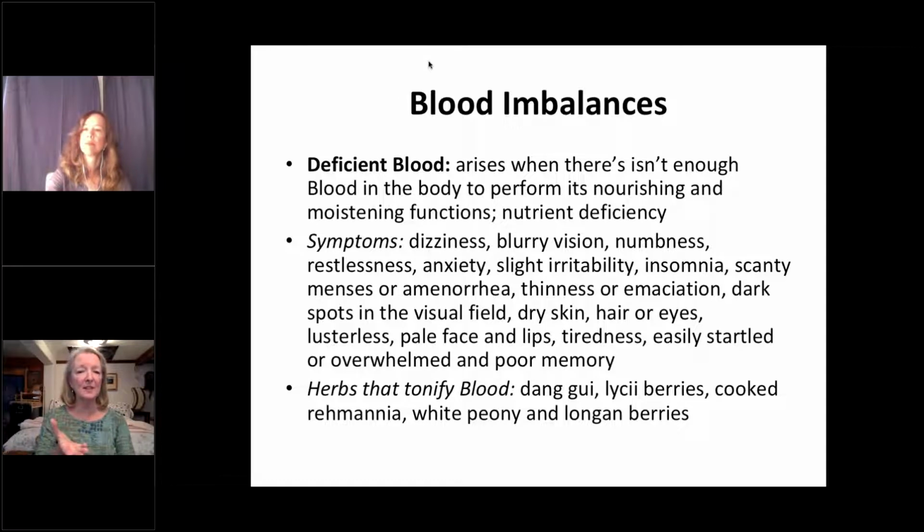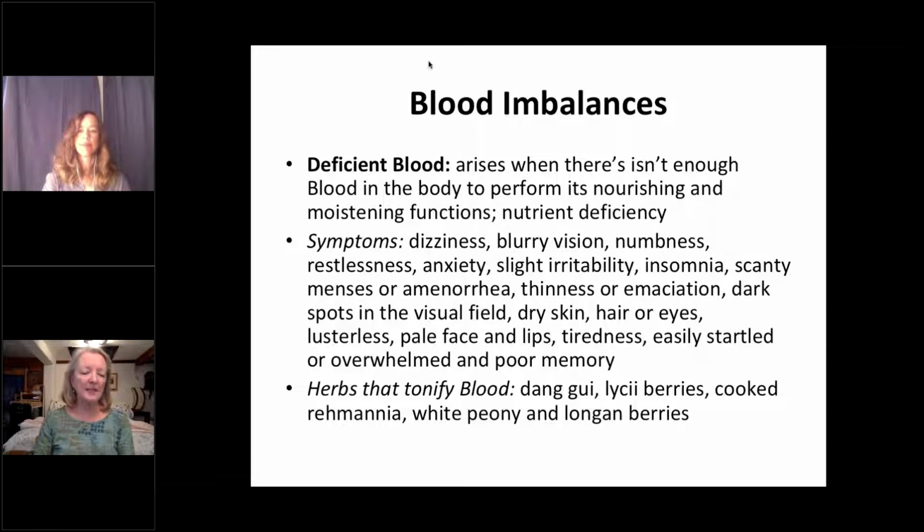So here are the main symptoms: dizziness, blurry vision, numbness, restlessness. That numbness, sometimes you all, keep going. Restlessness, anxiety can be from deficient blood, slight irritability, insomnia.